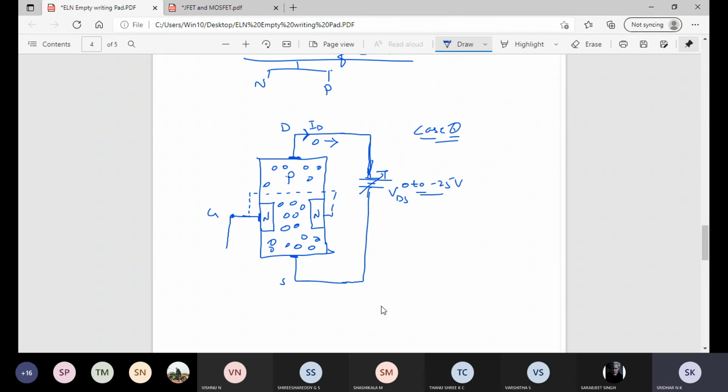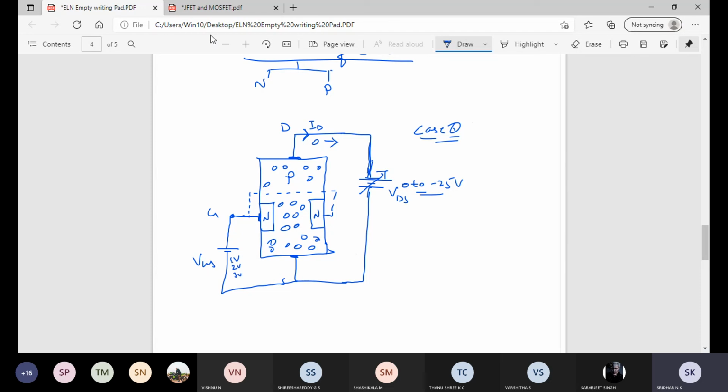N to positive terminal, correct? This becomes reverse bias. This is VGS, so VGS now is positive. So VGS now I will give as 1 volt, then 2 volt, later 3 volt.